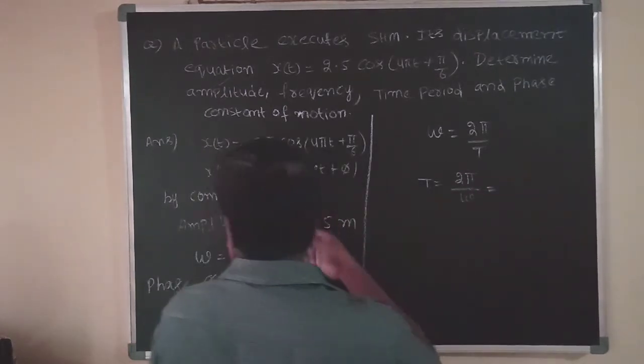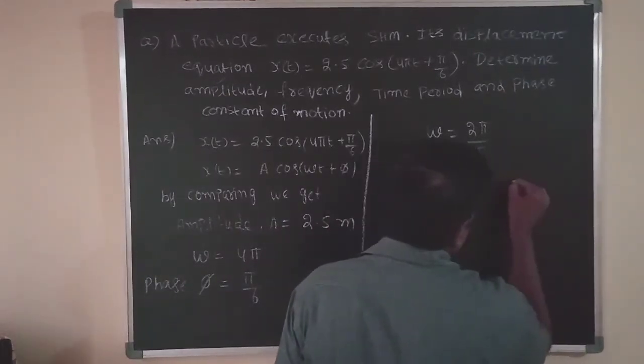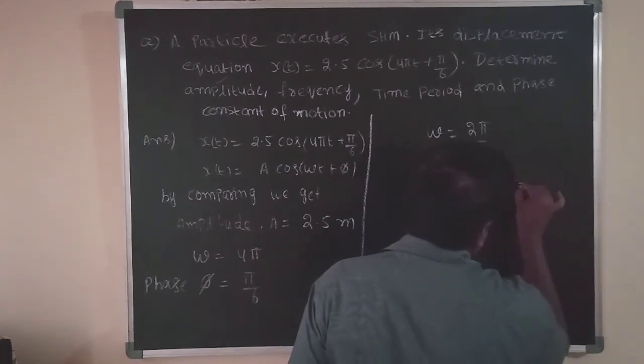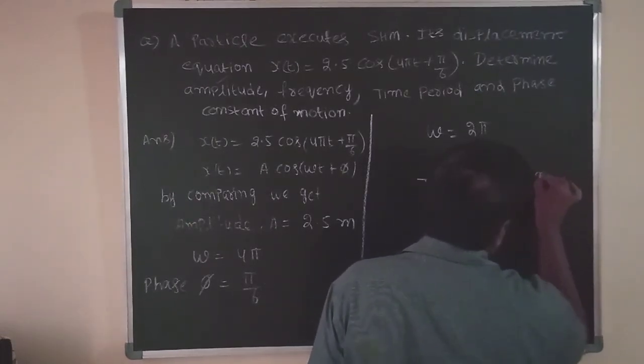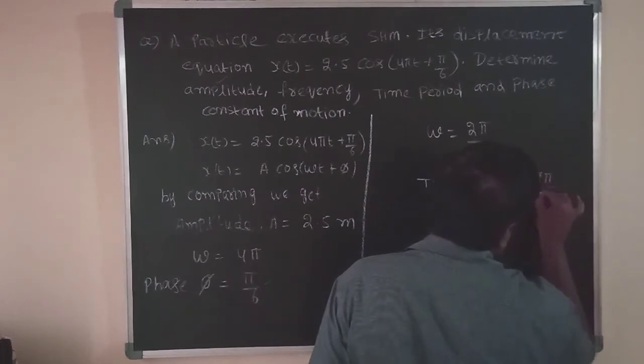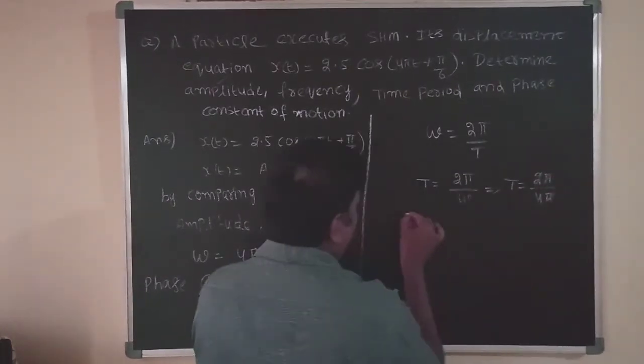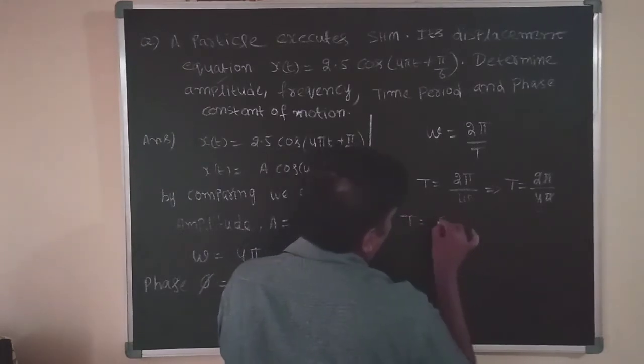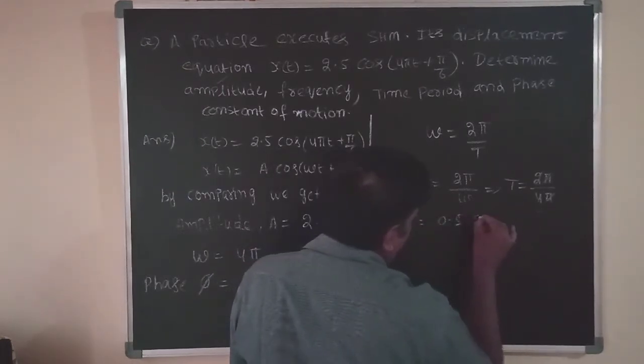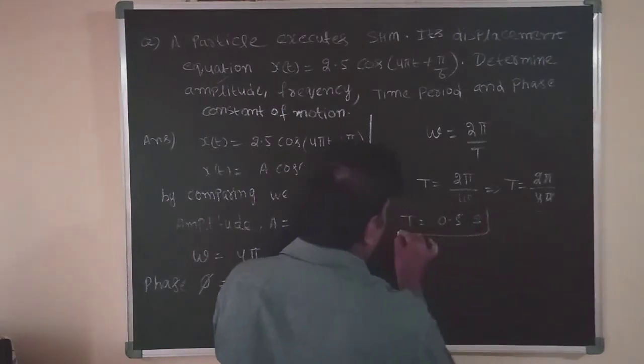The omega value is 4 pi, so by substituting, time period T equals 2 pi by 4 pi, so 1 by 2, which is T equals 0.5 seconds.